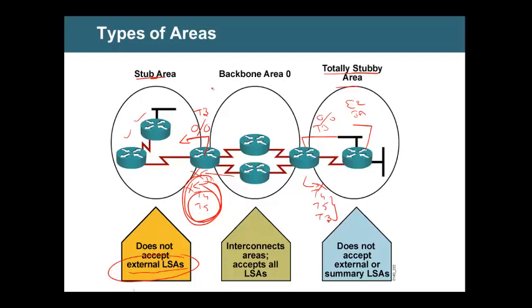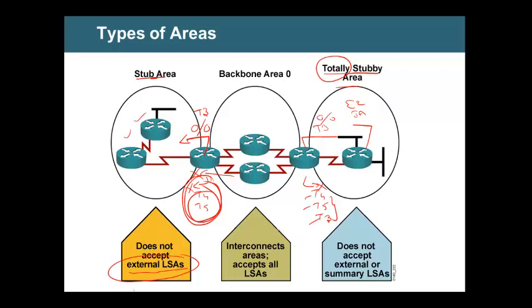That is the totally stub area. When you say totally, it means anything coming from outside. That is why it is total. What all comes from outside? Types 4, 5, 3. These are the three LSAs that usually come from outside. Now, when you say totally stub, you don't want type 3 to come in either. So 4, 5, 3 are denied.